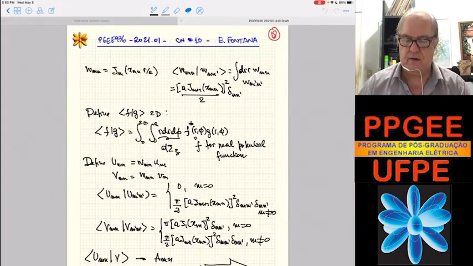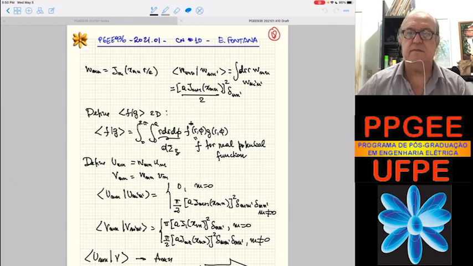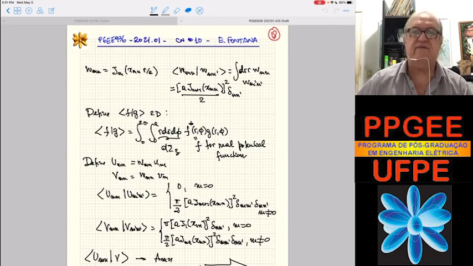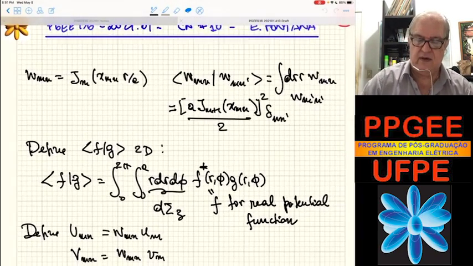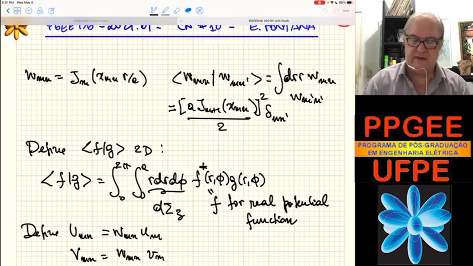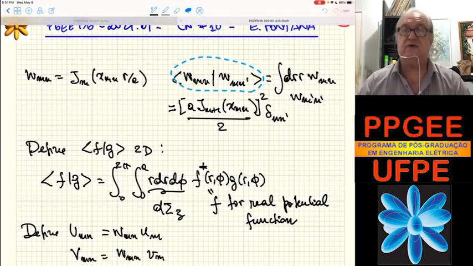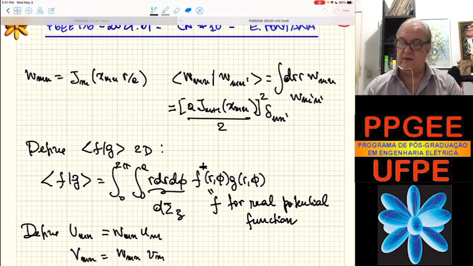So I have the orthogonality properties. Just recalling that the function that we have is the W_mn, which has definite orthogonality properties we talked about earlier too, right?